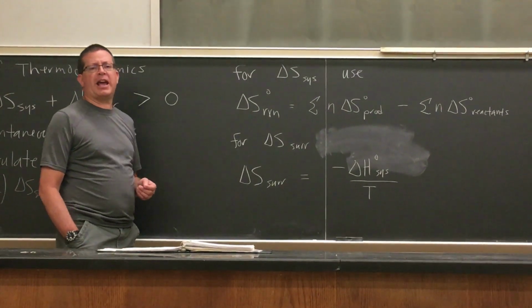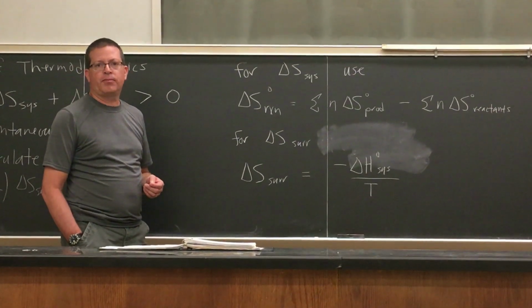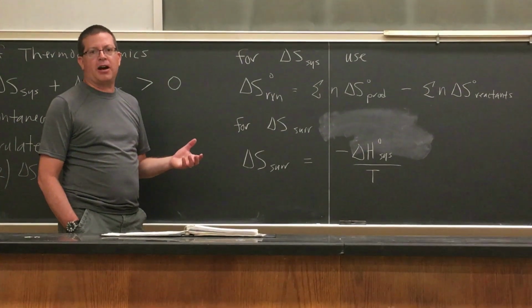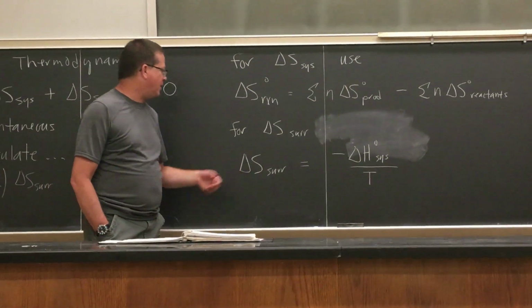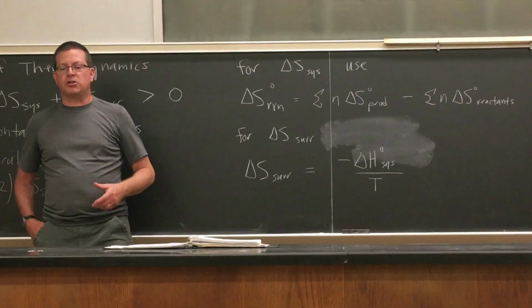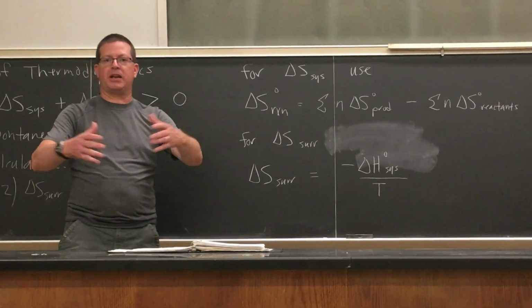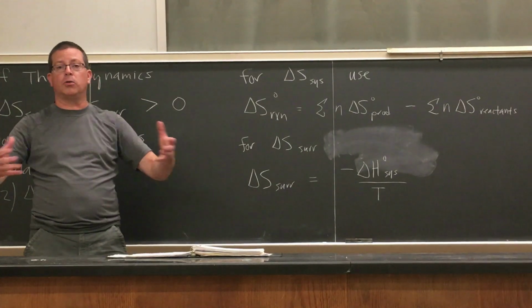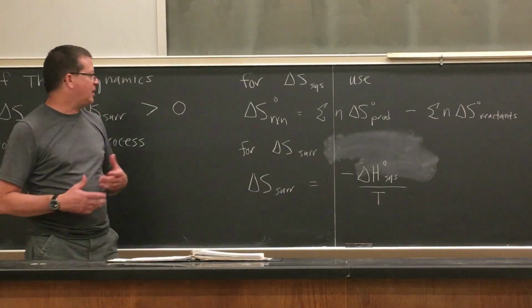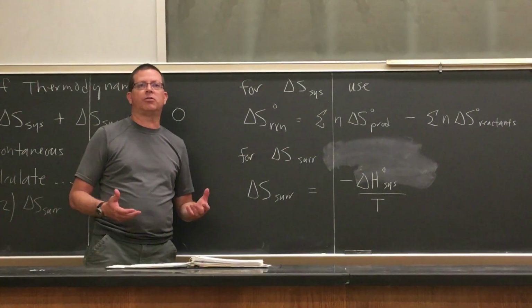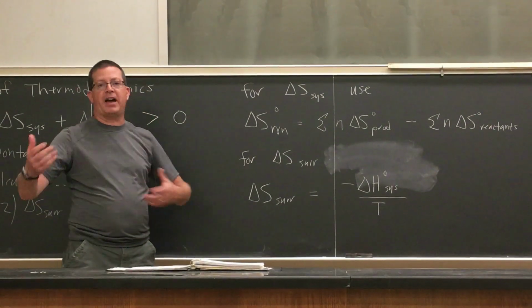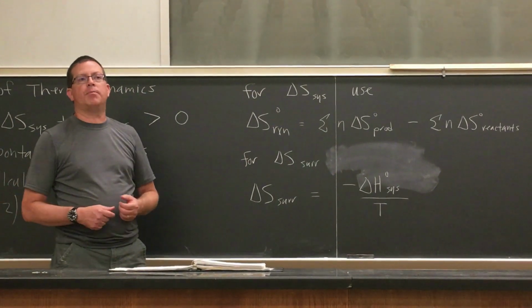If, for example, we assume an exothermic delta H, that means the heat is being given off. Now, what effect is that going to have on the entropy of the surroundings? If I think about a reaction that's giving off heat, and I think about the surroundings as being, for example, air molecules around that, as those air molecules absorb that heat, they're going to move faster. As a result, they're going to become more disordered.